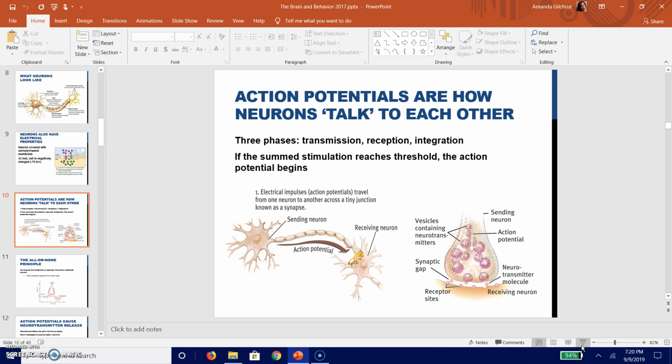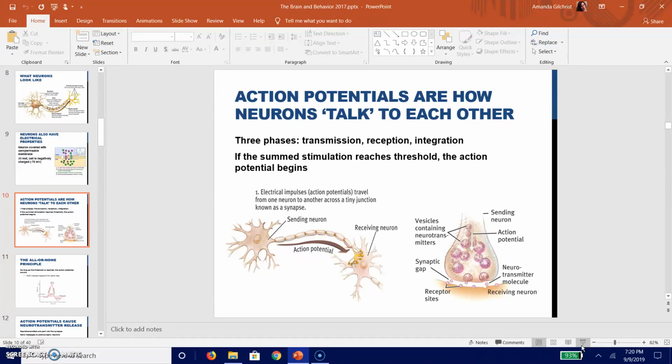And so what we find is that neurons will transmit their message to this particular neuron. This particular neuron, which we're going to call the postsynaptic neuron, will receive that information. And then it will integrate all of the different inputs like a calculator. Some of the messages are inhibitory. They're going to basically inhibit the neuron.